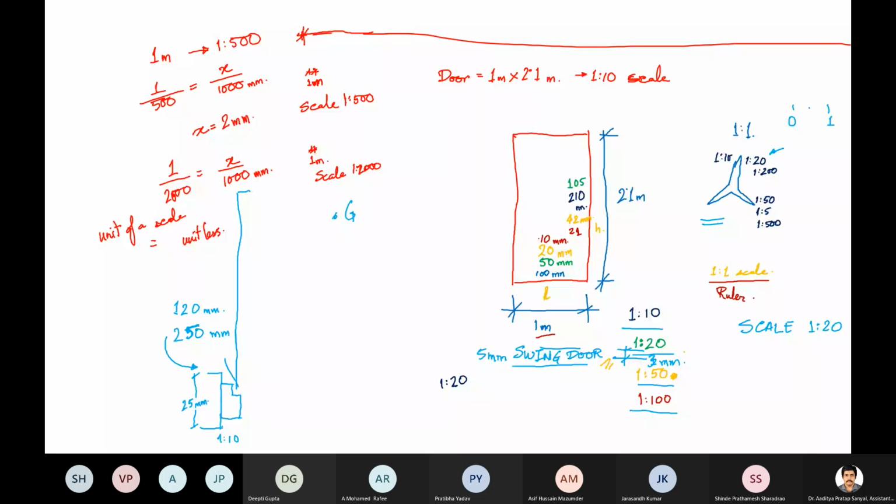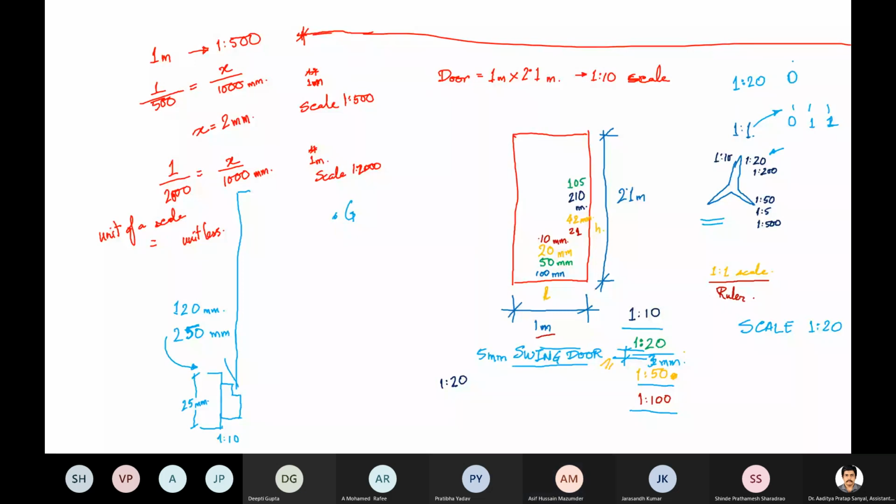This is where 1 is written when you're looking at 1:20 or 1:200 scale. Can you guys see that? Just pull the scale around, go to 1:20. Yes, sir. It's very close.